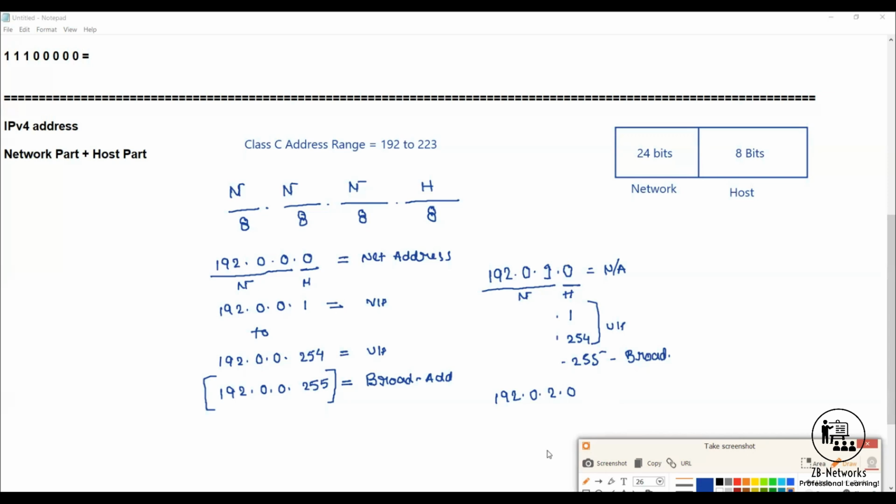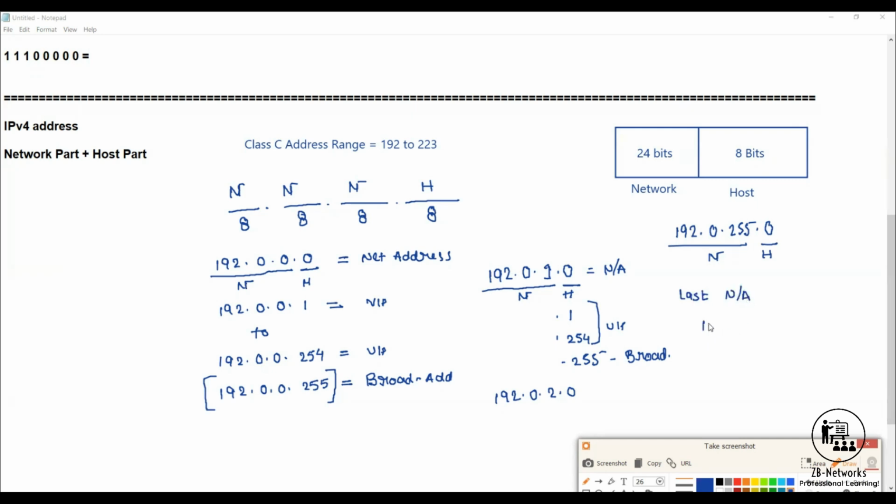So likewise, the combination follows, right? A time will come when I'll get 192.0.255.0. That's fine, this is a class C address. This is the network part, this is the host part. So if anybody asks what is the last network address of class C, it's very simple.